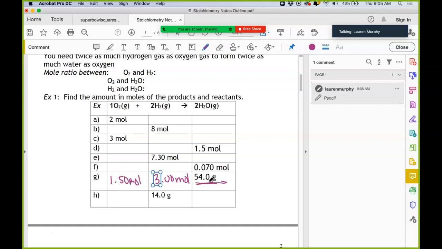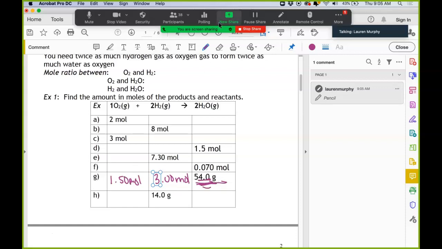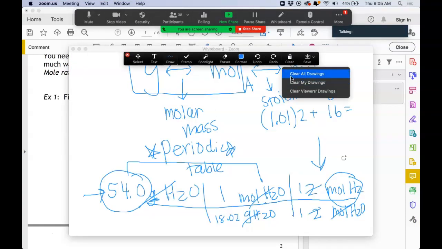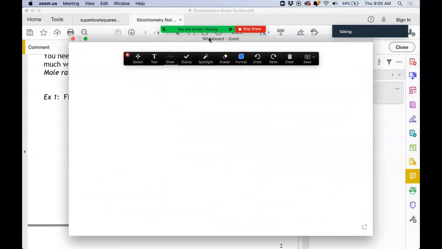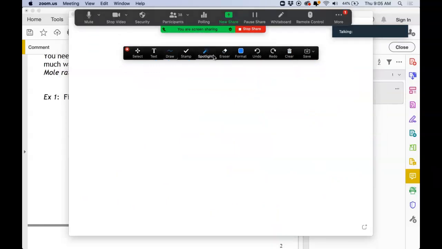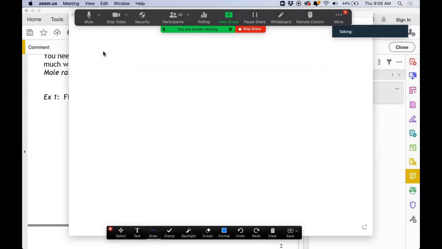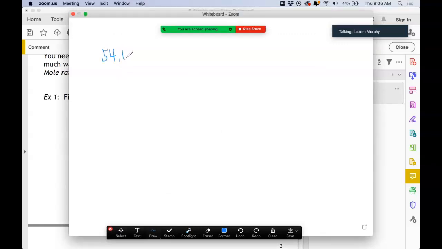So I'm going to start back over with my starting point. So 54 grams of water. I cannot do mole ratios until I'm in moles.